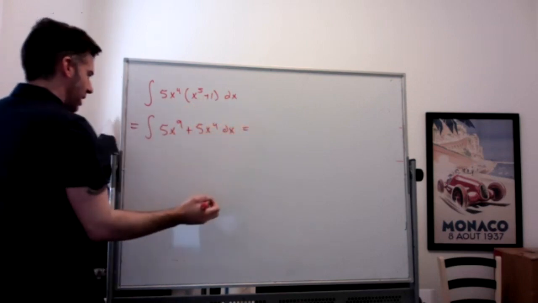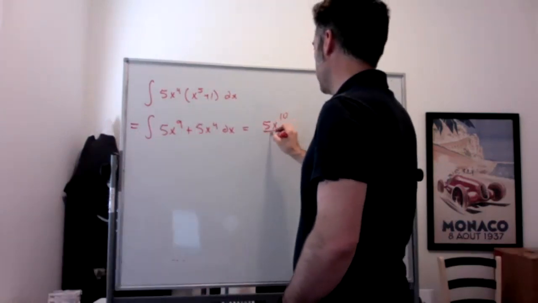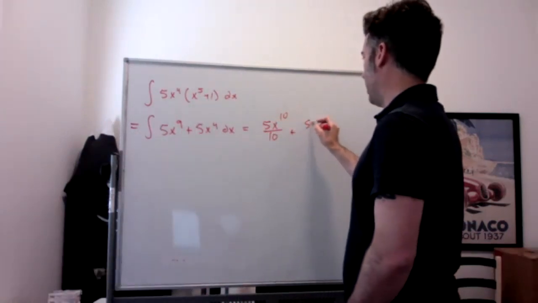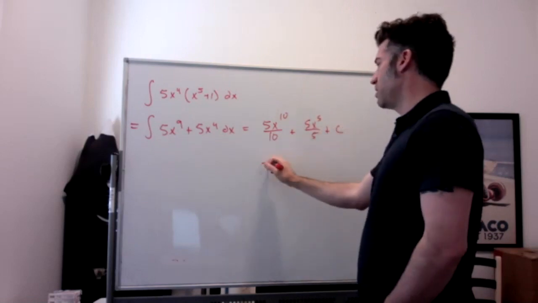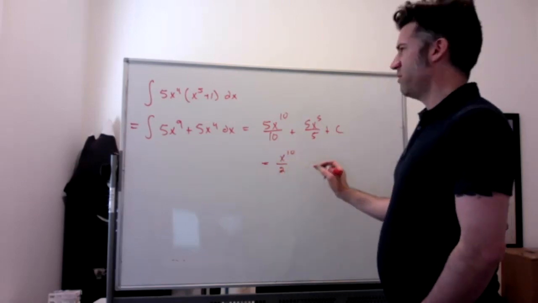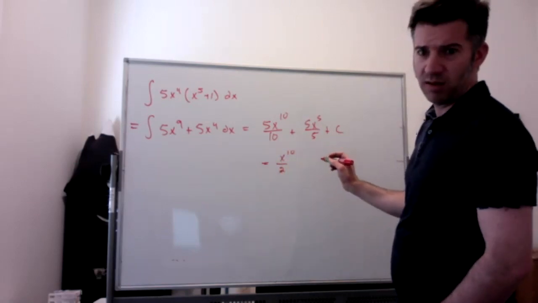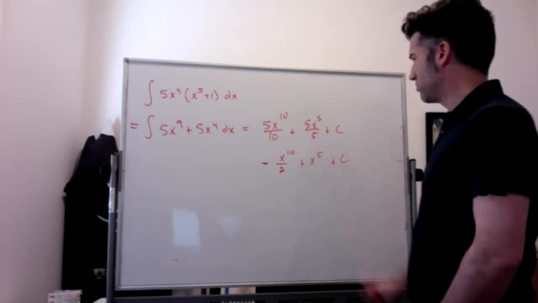And we could totally get, let's see, 5x to the 10th over 10 plus 5x to the 5th over 5. Which ends up being x to the 10th over 2. I feel like I'm forgetting a piece here, but maybe not. No, I'm not. Plus x to the 5th plus C.